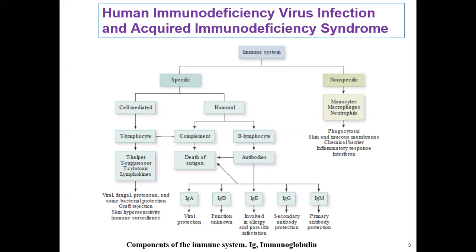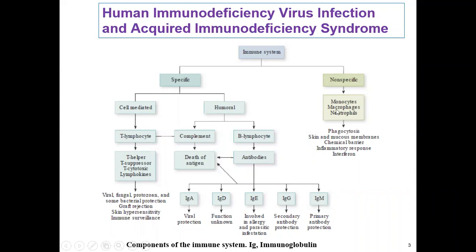Here is a flow chart showing the immune system, categorized into specific and non-specific. Non-specific means monocyte, macrophage, neutrophil.